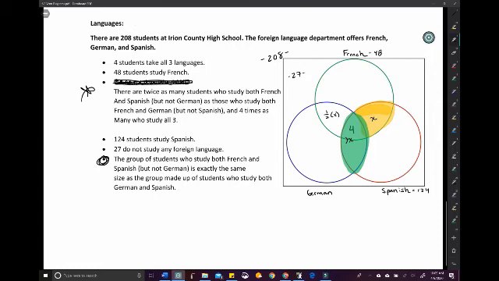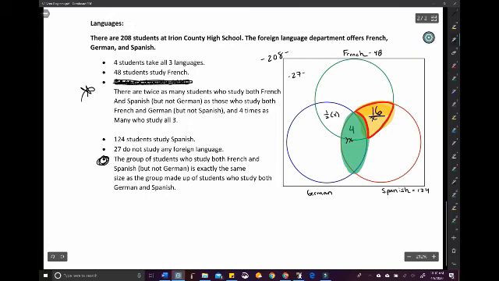Okay. 4 times as many who study all 3. Well, studying all 3, there's 4 of them. So if there are 4 times as many within this orange spot, that means 4 times 4, this must be 16.